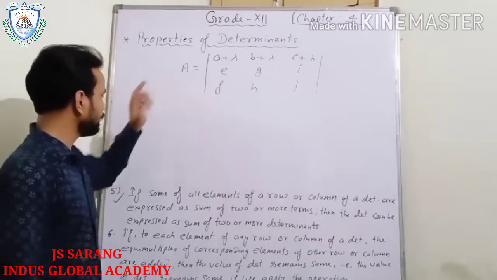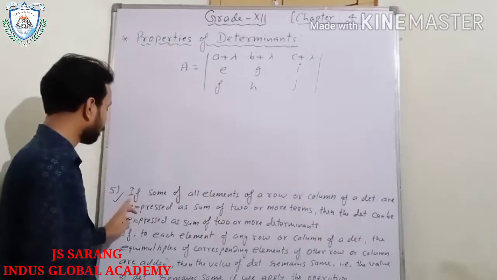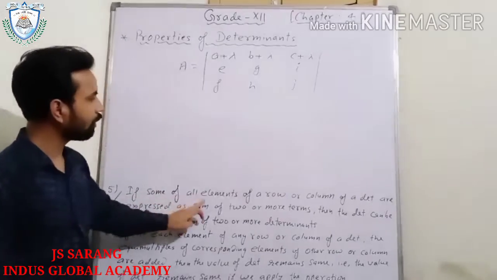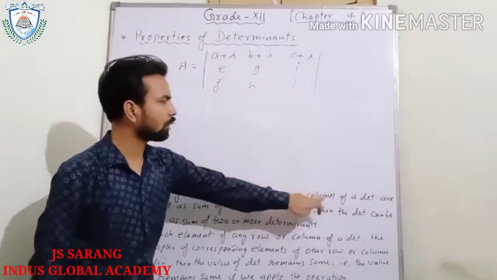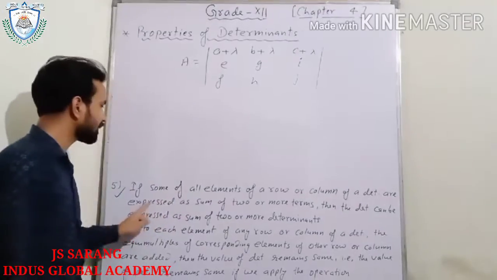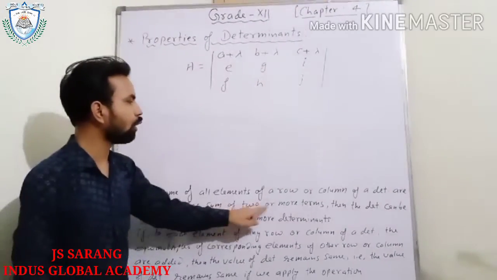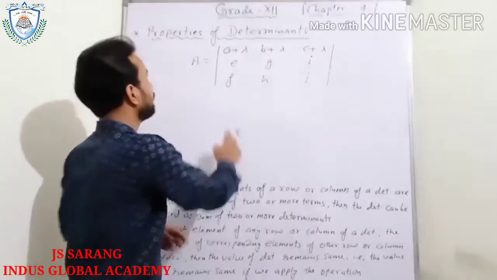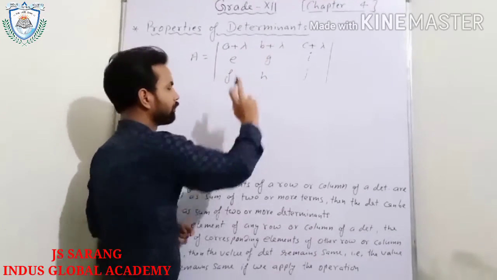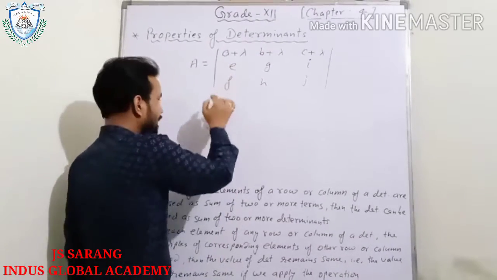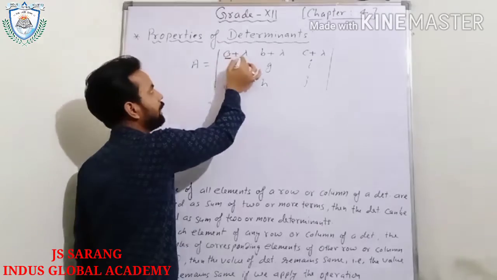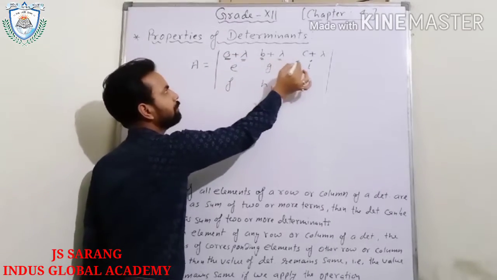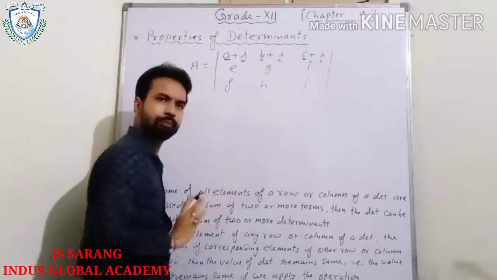This is a determinant. So here this property states that if all elements of a row or column of a determinant are expressed as a sum of two or more terms. So see here, all the elements of the first row are expressed as a sum of two terms: A plus lambda, B plus lambda, C plus lambda. Clear?